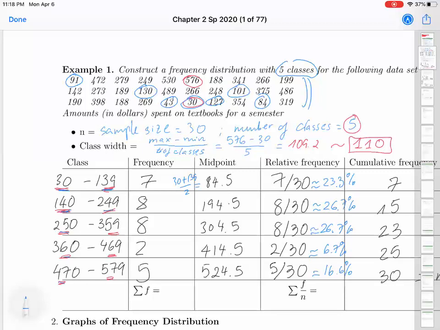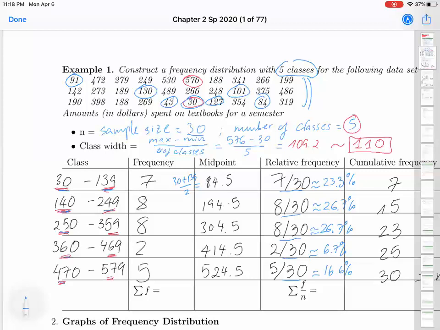And then go to relative frequency. So relative frequency is equal to the frequency divided by n. And we know that n is 30. And then we just take 7 over 30, and so on, down to 2 over 30 and 5 over 30. And you can convert relative frequencies into percentages, right?